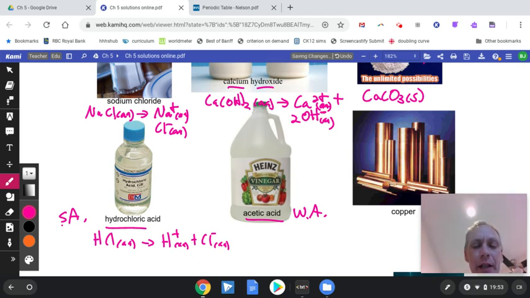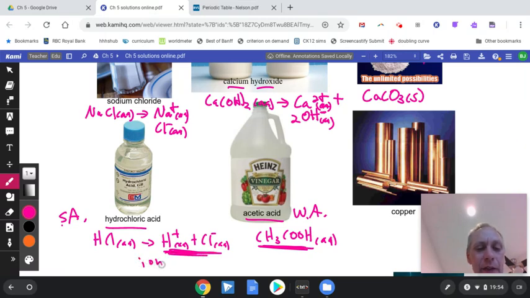Weak acid. This is the formula for acetic acid, CH3COOH. Weak acids dissolve aqueous, but they don't ionize, or only a small amount. So this is the major form present, whereas for a strong acid, this is the major entities present. Most of the acetic acid stays together as one molecule. Most of the hydrochloric acid ionizes into its two ions.